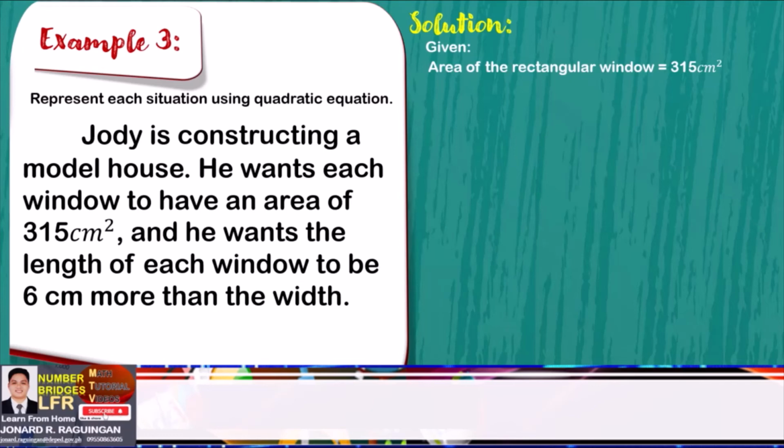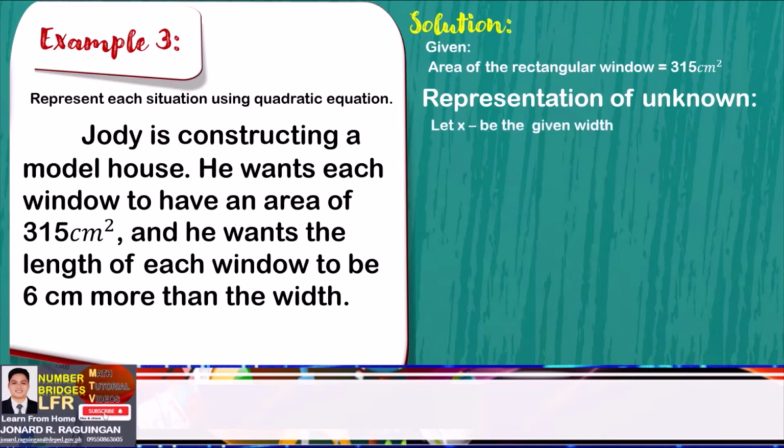Then, we are going to represent what is the unknown. Let x be the given width and x plus 6 be the length, because it's stated in the problem that the length of each window is to be 6 centimeter more than the width.